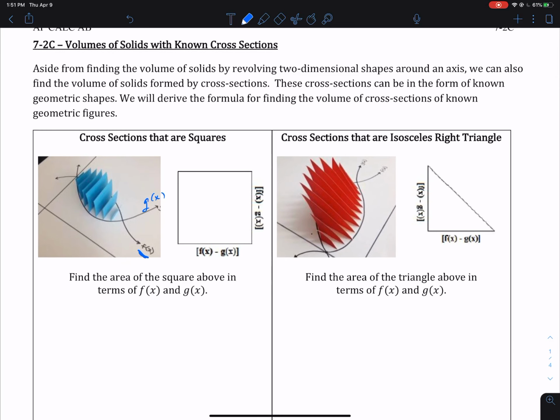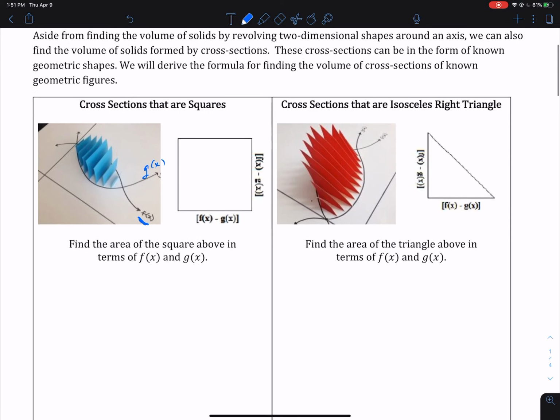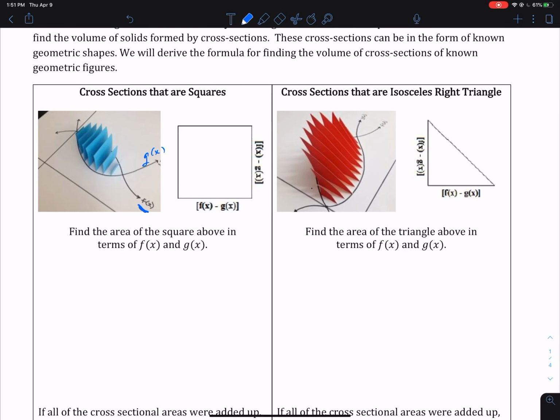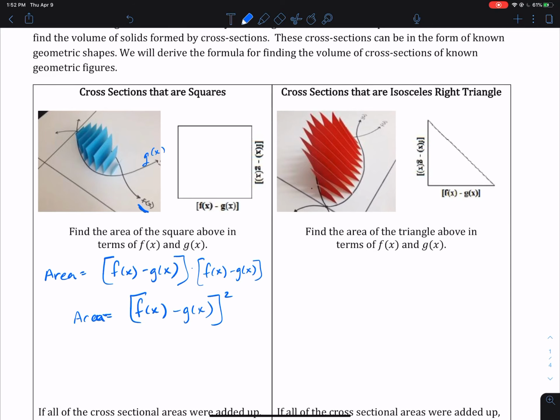We find the area of one of the cross-section figures first. The square is really easy because f of x minus g of x is the length of the base. Your height is the same. So what is the area for this? Well, your area is just f of x minus g of x times f of x minus g of x, which makes it squared.